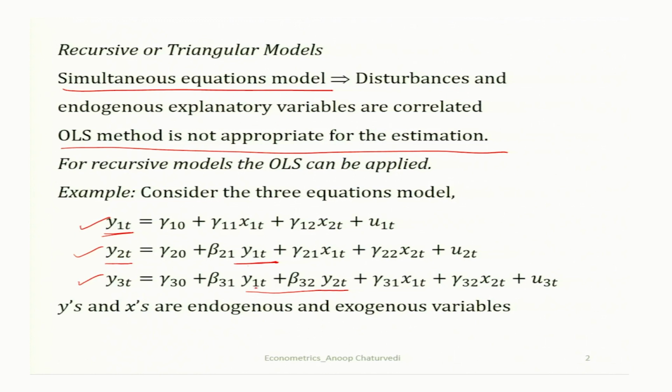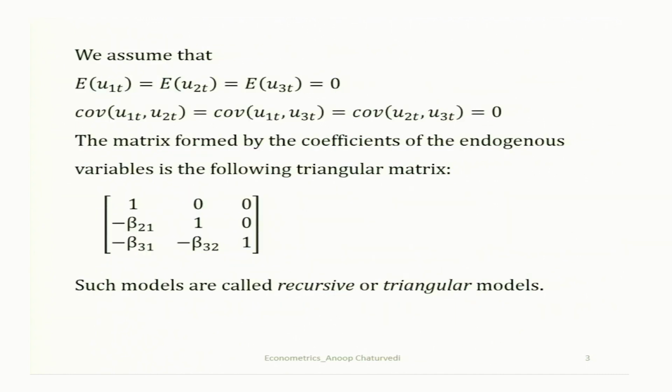In the third equation, if you take these two terms involving y 1 t and y 2 t towards the left hand side, then the coefficient of y 1 t is minus beta 3 1, coefficient of y 2 t is minus beta 3 2 and coefficient of y 3 t is 1. So, the matrix B is of this form.